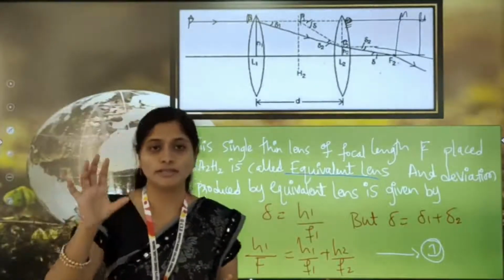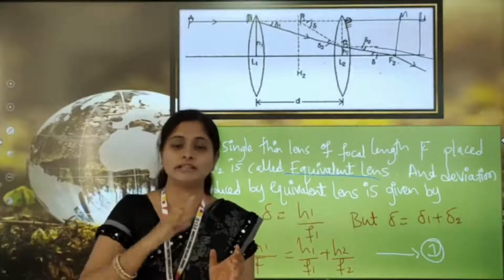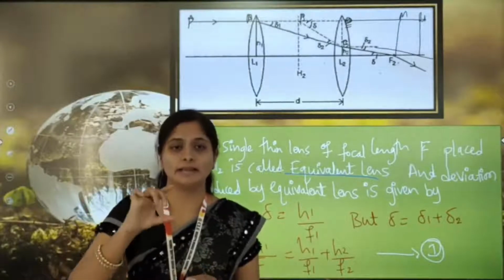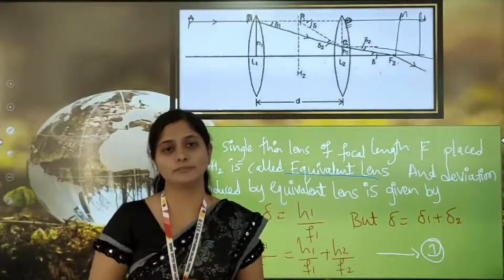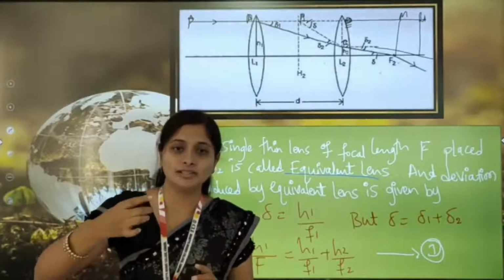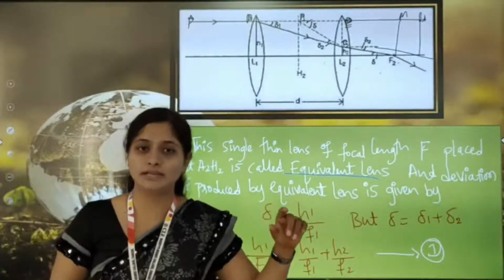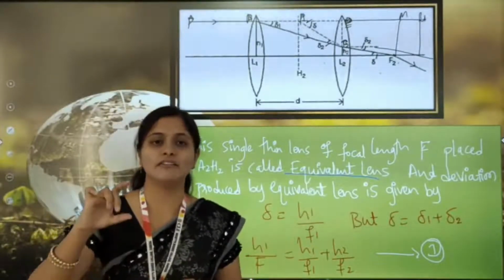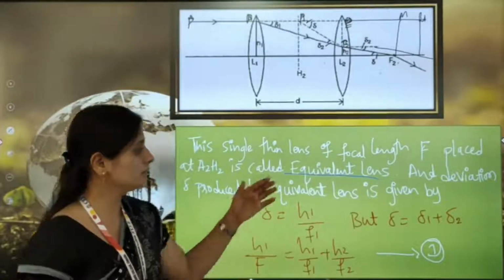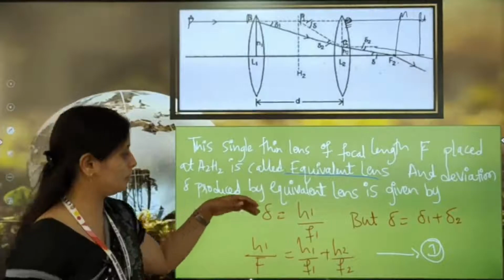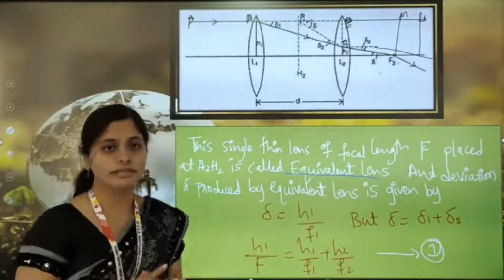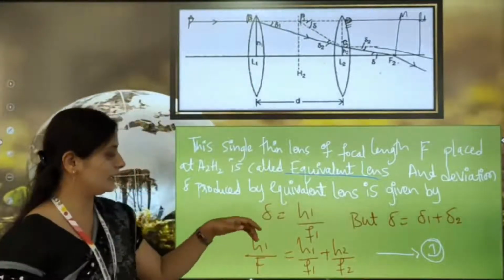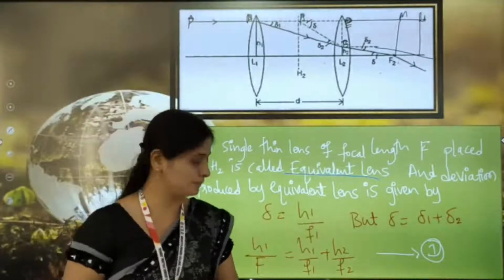Already I explained that two lenses are there, and at A2H2, the intersection of the incident ray and the emergent ray, one thin lens will be there. That thin lens has an angle of deviation, delta, and that lens is the equivalent lens, having focal length capital F and deviation delta. The deviation produced by the equivalent lens is given by delta equals H1 by F1.